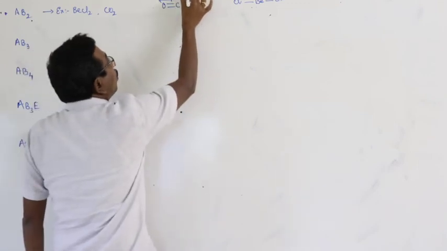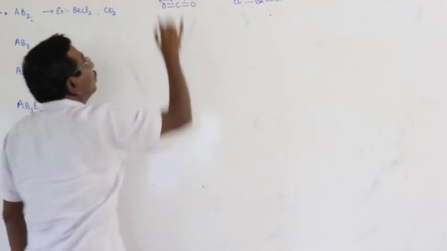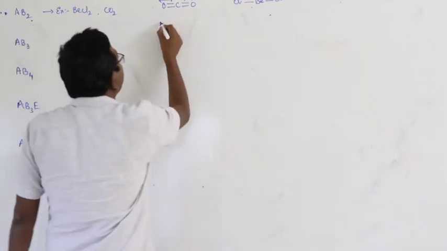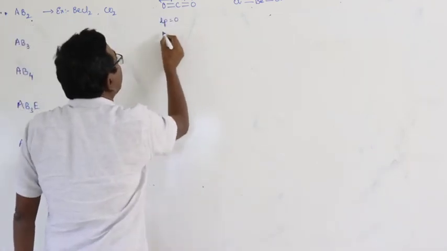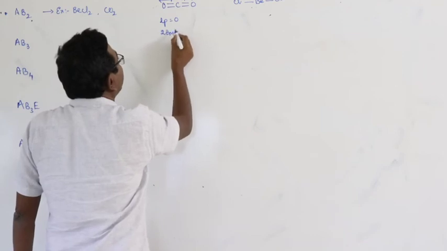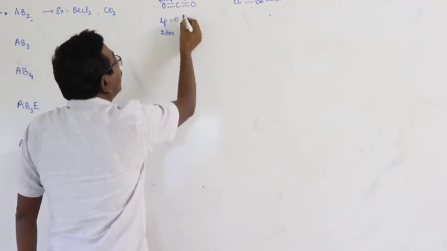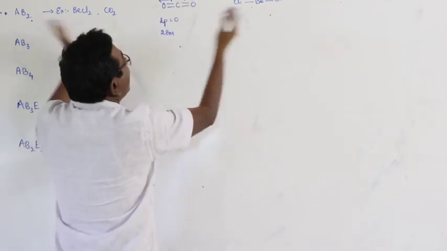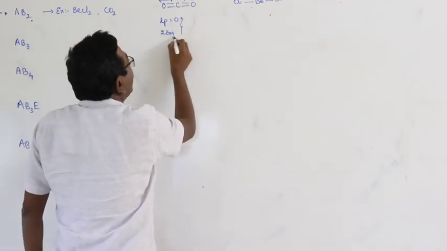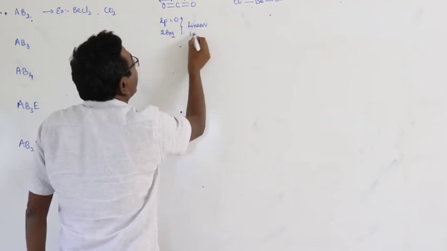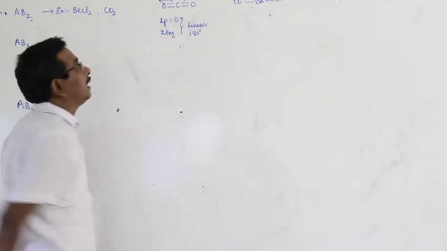This is mu1, this is mu2. Okay. Here number of lone pairs is equal to 0. Two bond moments are there. Here the two bond moments are in the opposite direction. So based on the number of bond moments, the shape of the molecule is linear and the bond angle is 180 degrees.